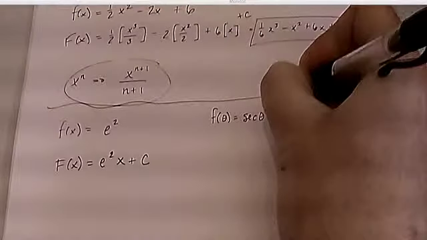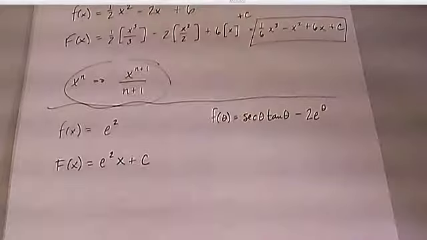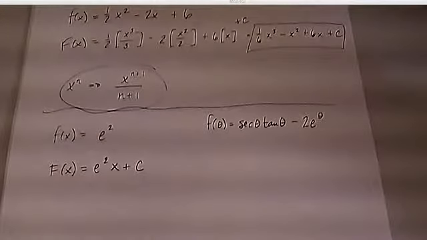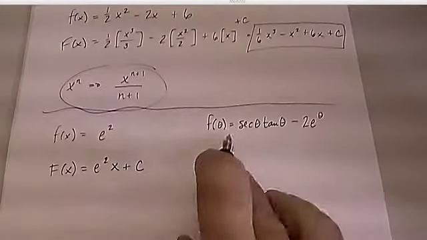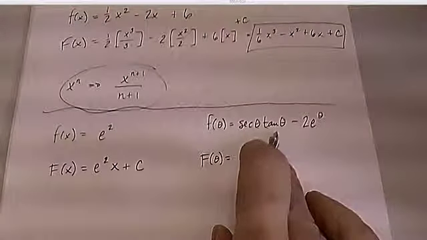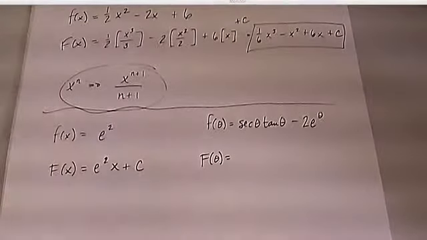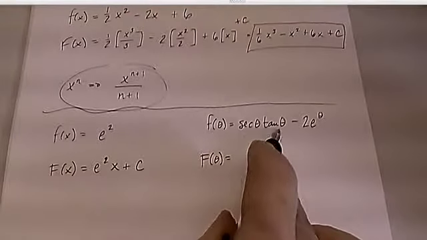Well, how about f of theta is equal to secant theta tangent theta minus 2e to the theta? Okay, that got really complicated very quickly. It's not what is the derivative of, it's what is secant theta tangent theta the derivative of? So what do I need to differentiate to get to here?